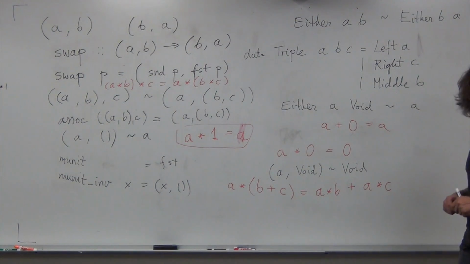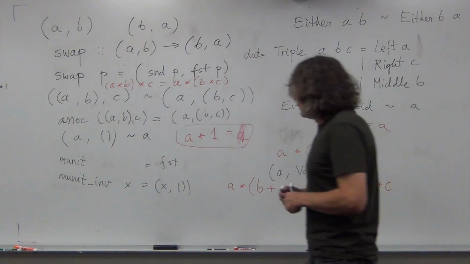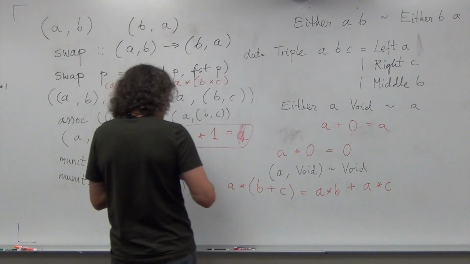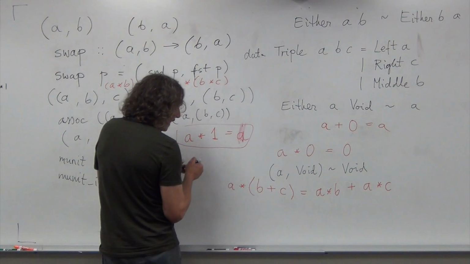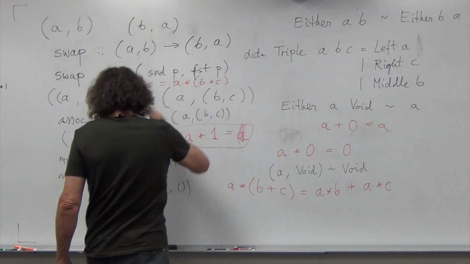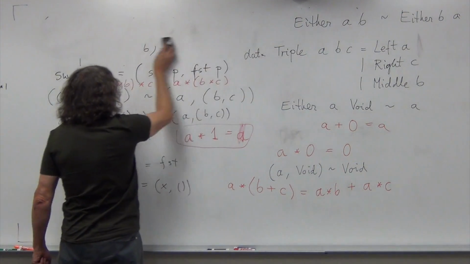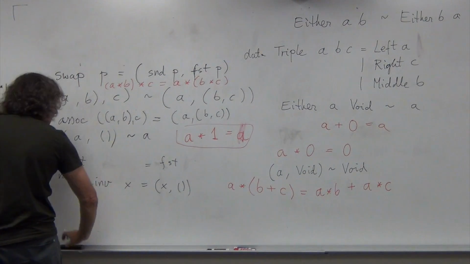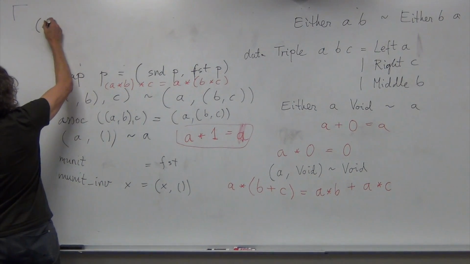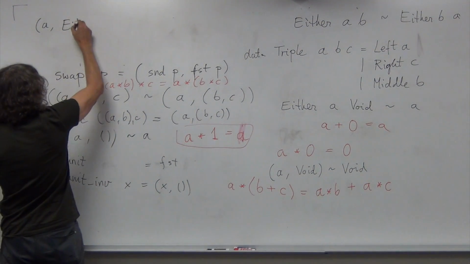You bet it's true. I mean, except it's up to isomorphism. But it just means that a pair, so A times means a pair. Maybe I can erase this part. So we have a pair of A and either B or C.